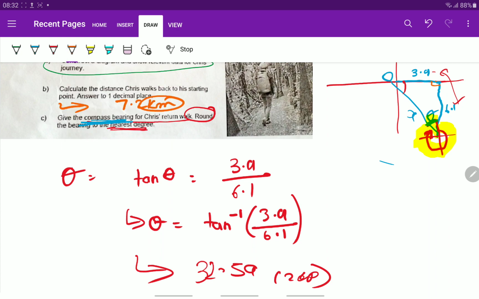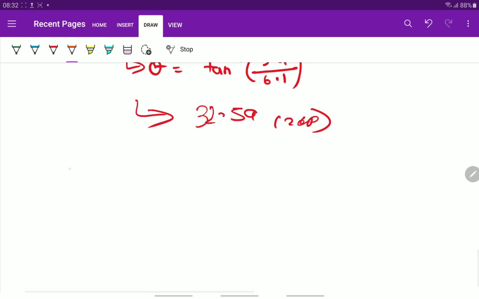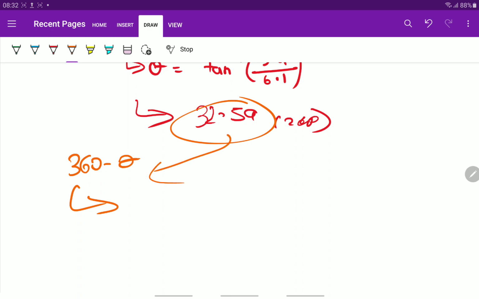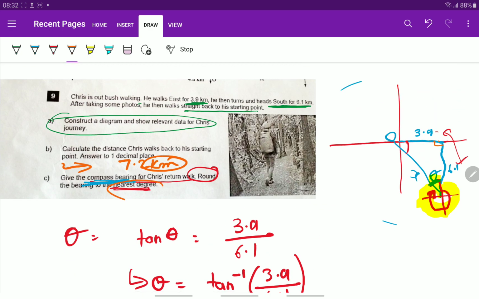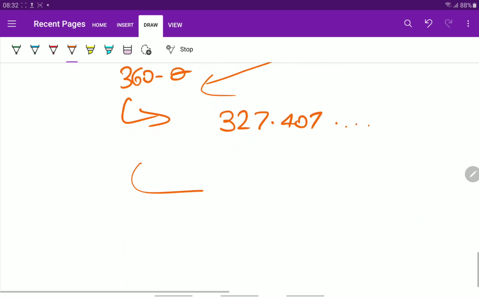To find that, because we know theta, it's just 360 minus theta. So 360 minus the answer stored in my calculator is 327.407 and so on. But they want the answer to the nearest degree. So press the degree symbol on your calculator, which is next to the sine symbol.